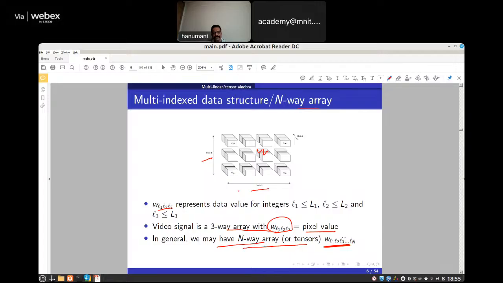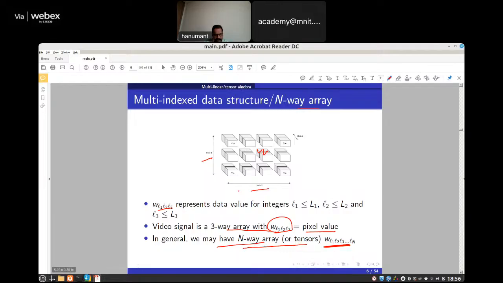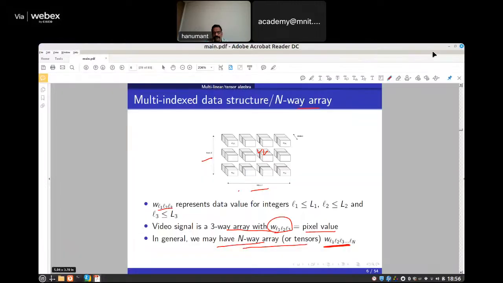So what is the summary till now? The summary is very simple: use the data as much as possible in its natural format.